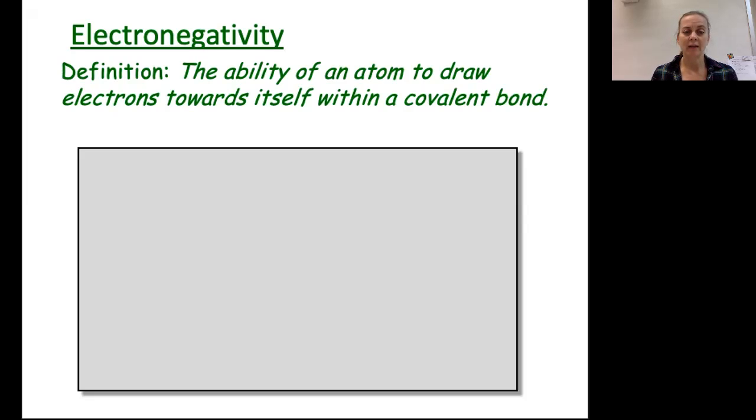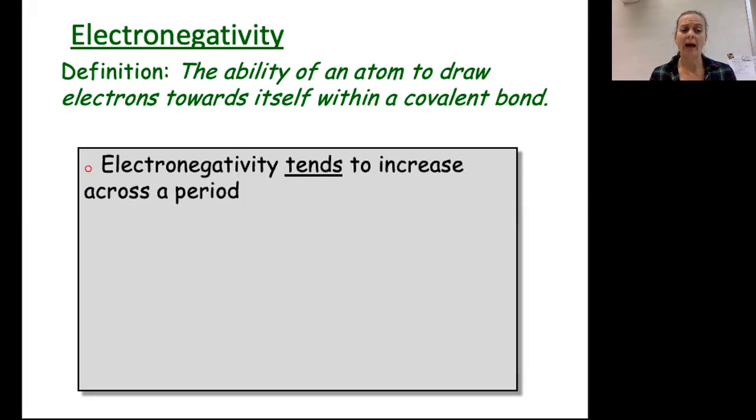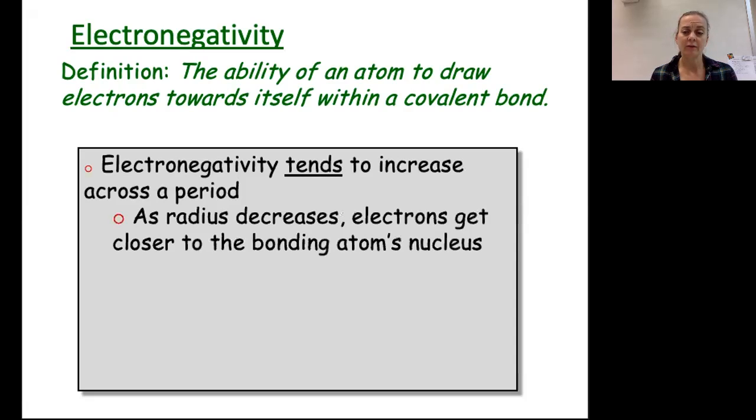And as you might expect, that comes back to the radius as well as the charge. So as we go across a period and the radius is decreasing, those electrons are getting closer and closer to that bonding atom's nucleus, it's going to become stronger and stronger at pulling electrons towards itself. So electronegativity is going to increase across a period.